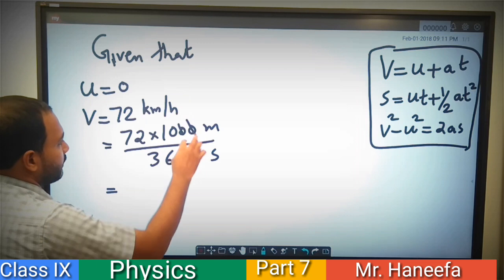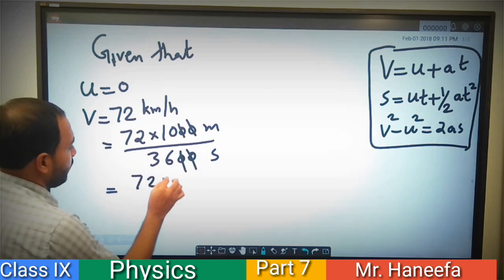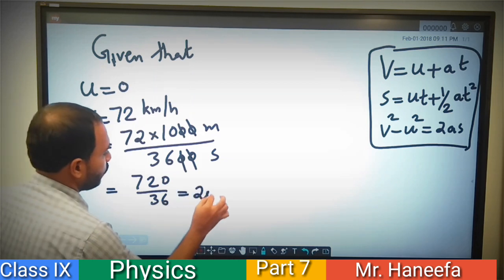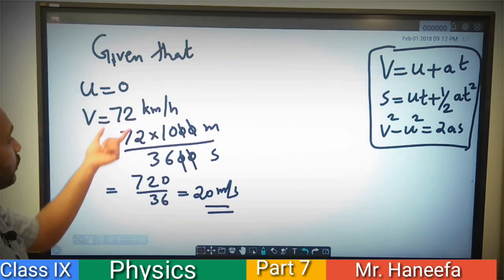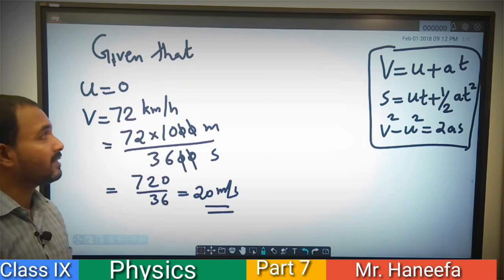Zeros are cancelled. 720 divided by 36 equal to 20 meter per second. So 72 kilometer per hour means 20 meter per second.